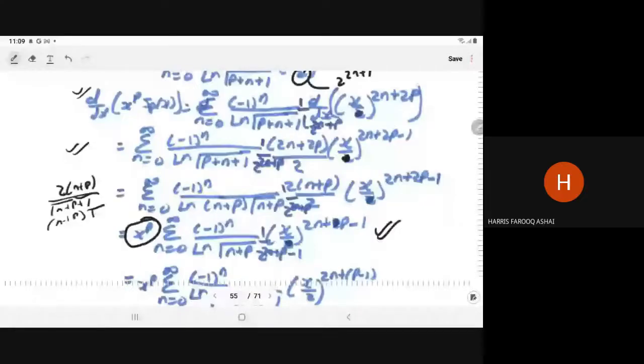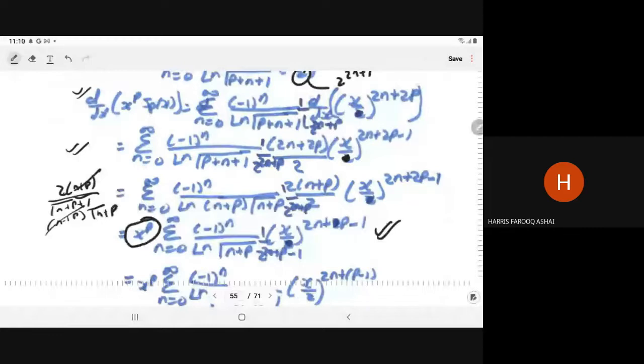Inside the summation n equals 0 to infinity, (-1) to power n upon factorial n gamma of n plus p plus 1, and this can be written as (n plus p) and gamma of n plus p, and this n plus p we can cancel out.